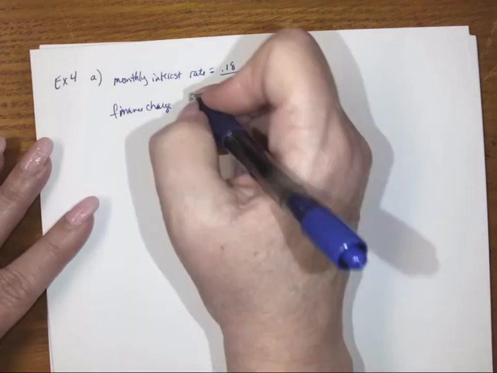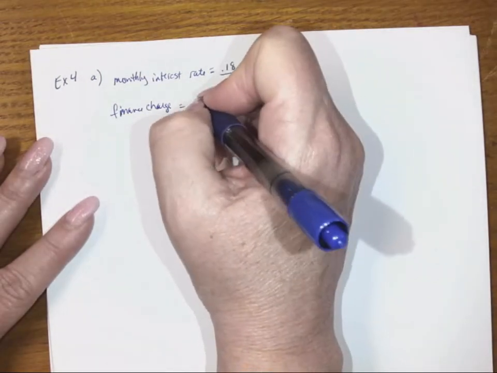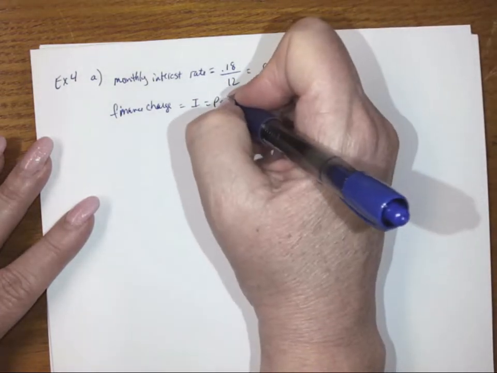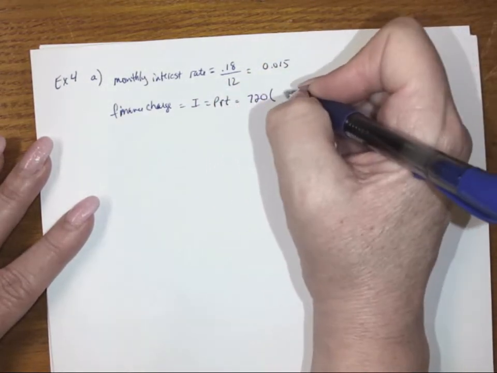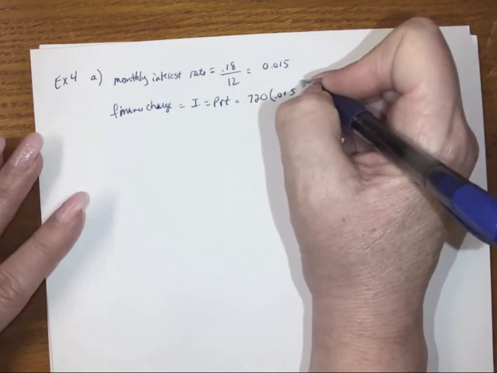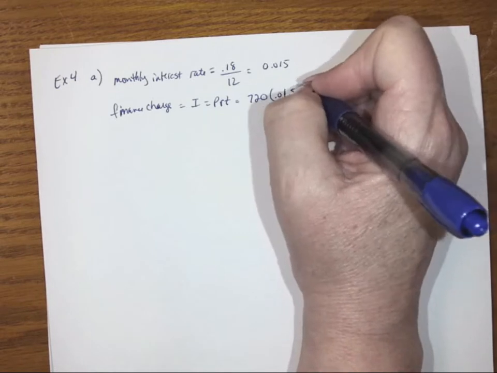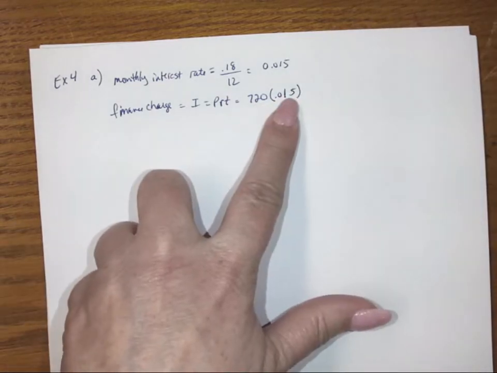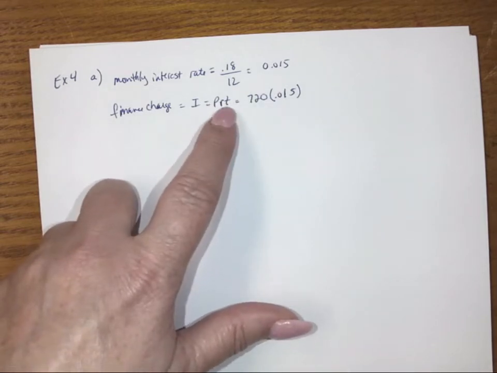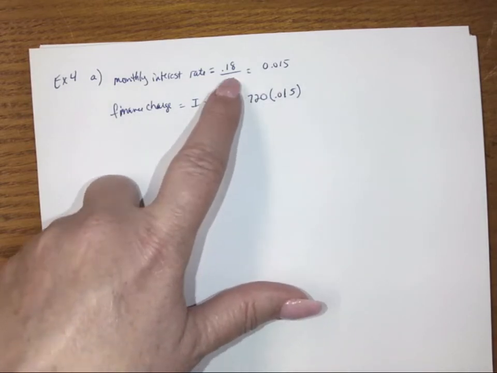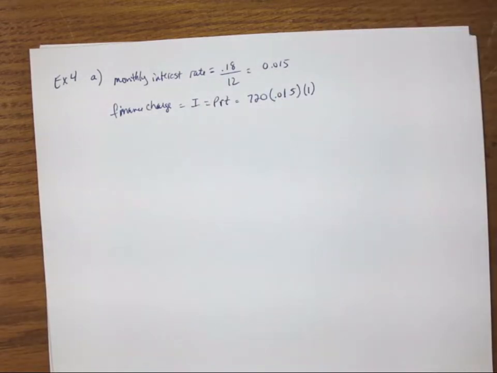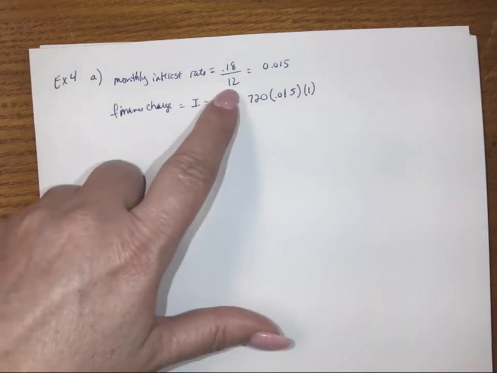Remember, that's your interest, and it's going to be equal to I equals PRT. Our P is still $720 times our rate of 0.015. And this is using the monthly rate. So that's going to be our rate basically times 1 over 12. But because we've already divided by the 12, it'll just be a 1 for the amount of time.